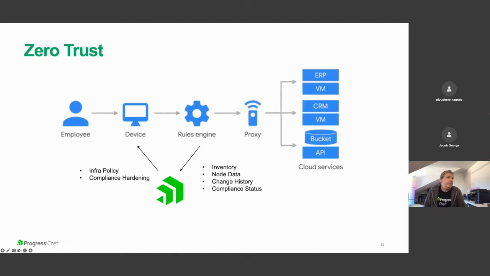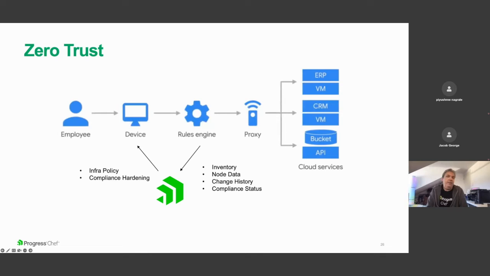There was a CVE a couple of weeks ago on MS Outlook specifically. Without having the rules engine combined with zero trust, we're not going to be able to tell, is the version of Outlook that the user is on a compromised version? What we need to do is find a way of getting the information from the device, preferably out of bounds, so we don't slow down the connection process, to make sure that the device has the right hardening profiles, it's on the right version of applications, all that kind of stuff.